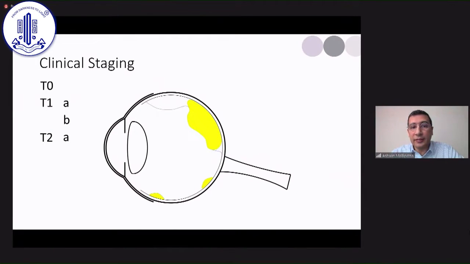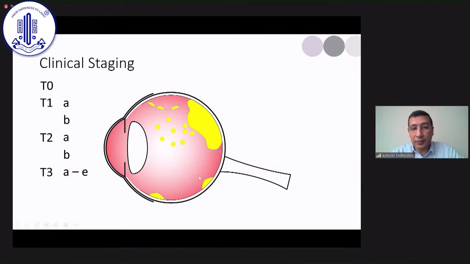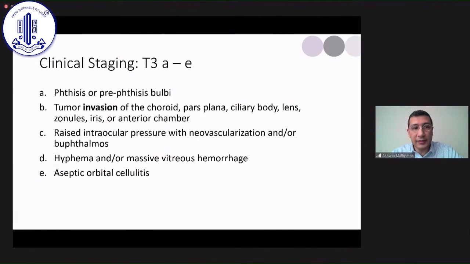T2A is where you start to have retinal detachment, an exudative detachment. T2B are the ones where you start to have either subretinal or vitreous seeds. And T3s are those that we would consider the eye unsalvageable in some way, such as with hemorrhages or anterior segment involvement, or a cataract or buphthalmos or glaucoma or any of the others.